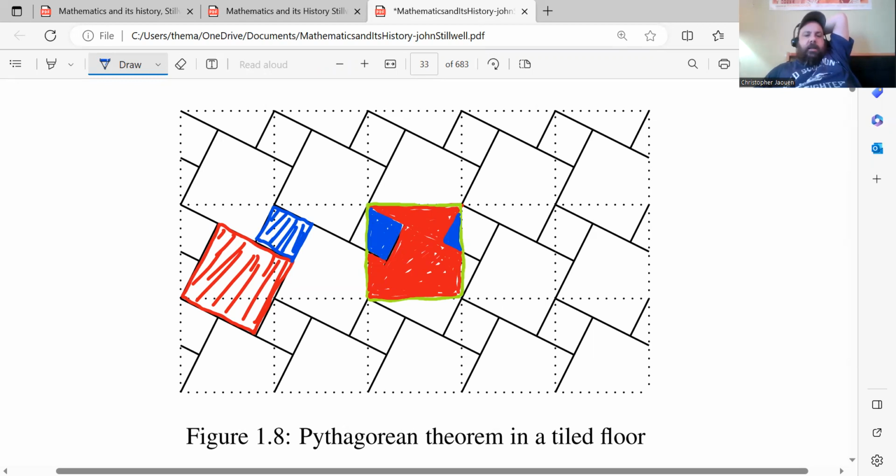Okay, and notice that the side of the blue square is one of the dimensions of this right triangle here.